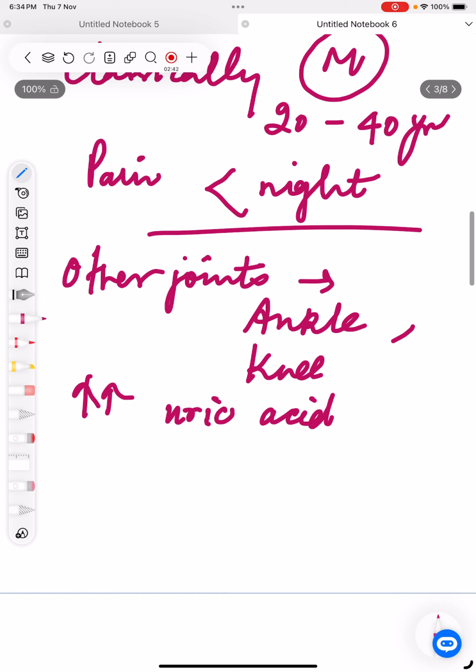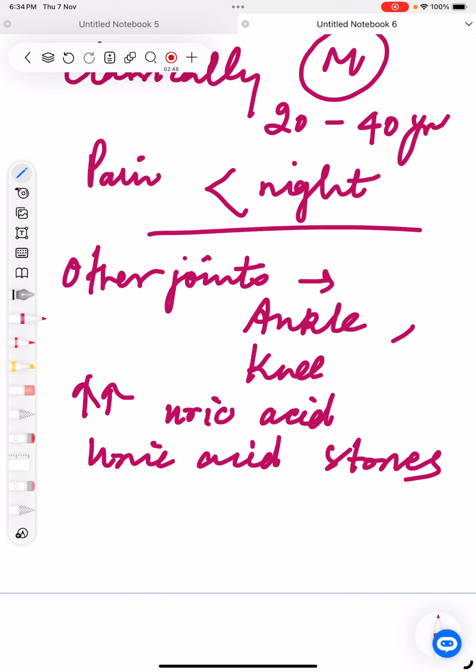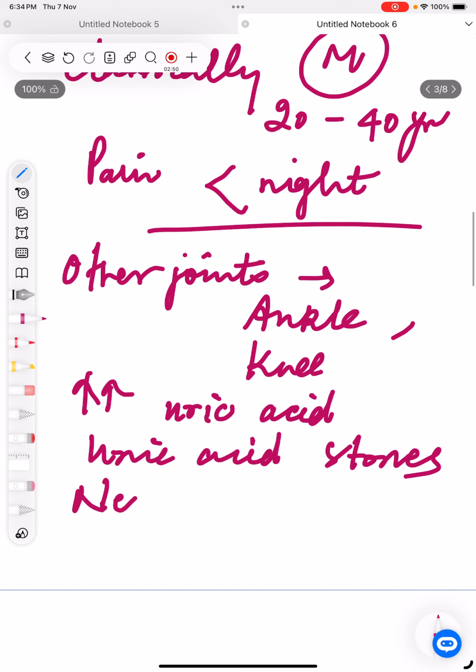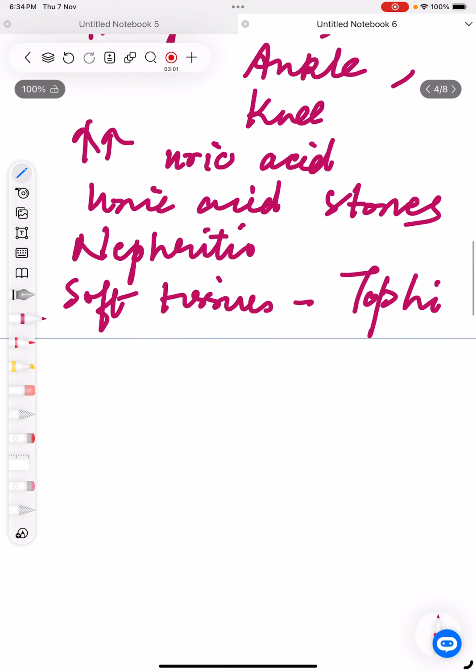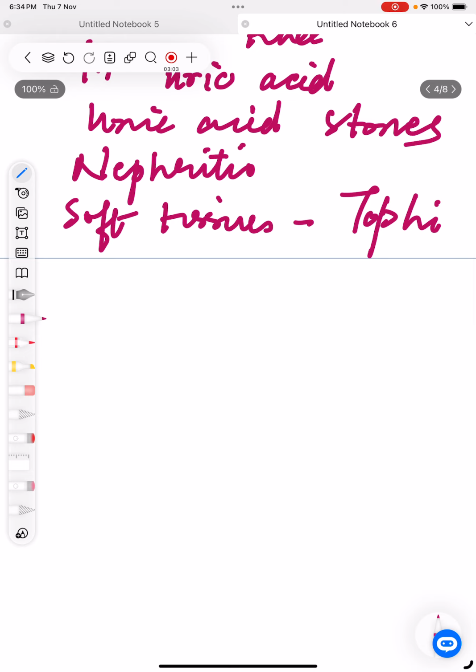You can see uric acid stone formation on x-rays. Patient can also end up having nephritis, and in soft tissues under the skin there will be tophi formation, which is again a very painful condition.